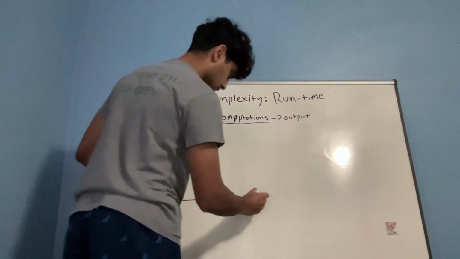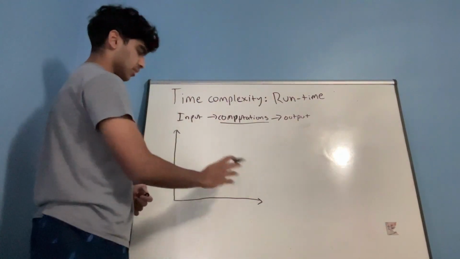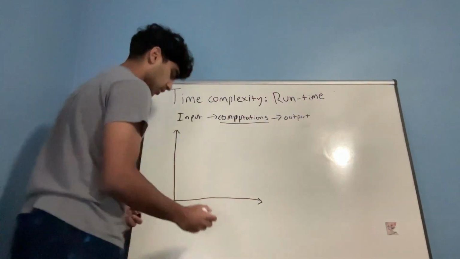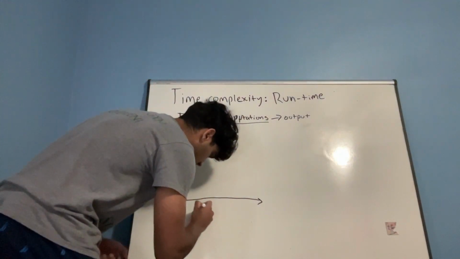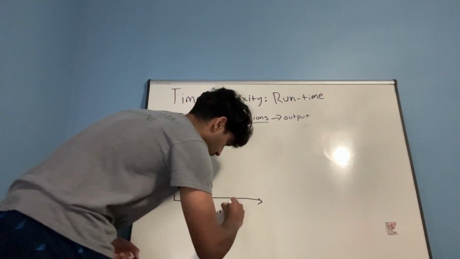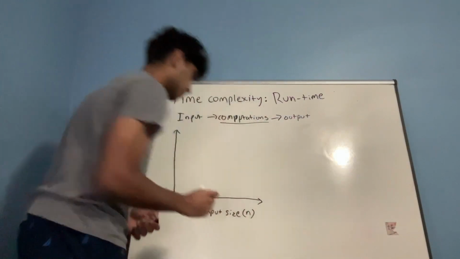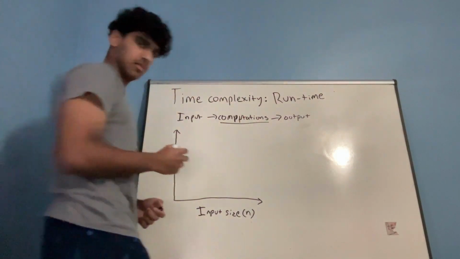So we have our x-axis and y-axis, and then we need to label these. So our x-axis is going to be our inputs, or input size, and this is denoted by n. And then we go to this side.